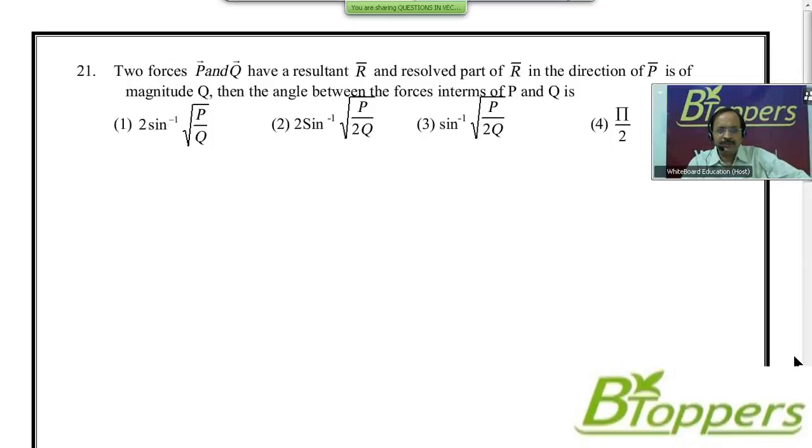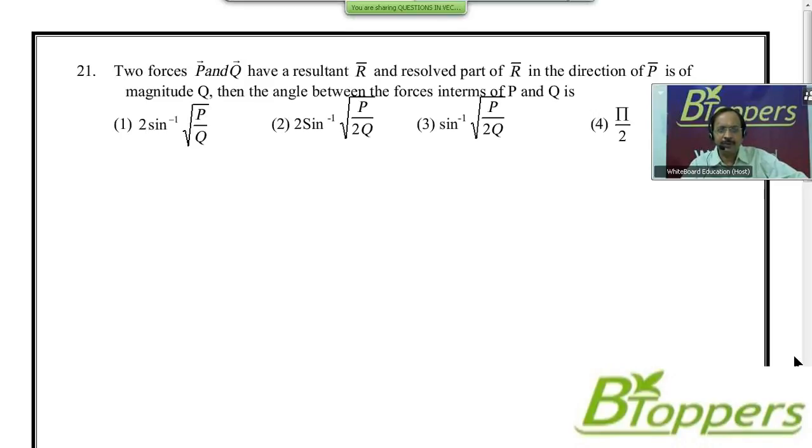See the next question 21. Two forces P bar and Q bar have a resultant R bar, and the resolved part of R bar in the direction of P bar is of magnitude Q. Then the angle between the two forces in terms of P and Q is.